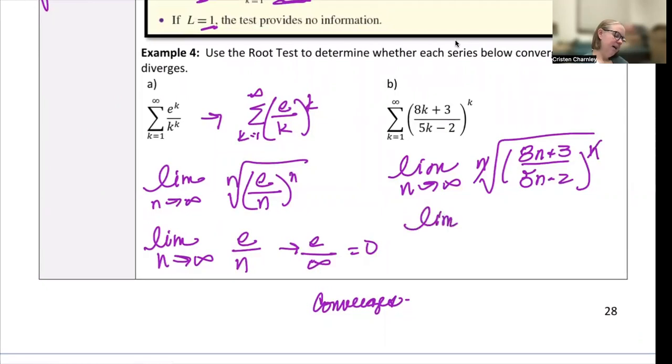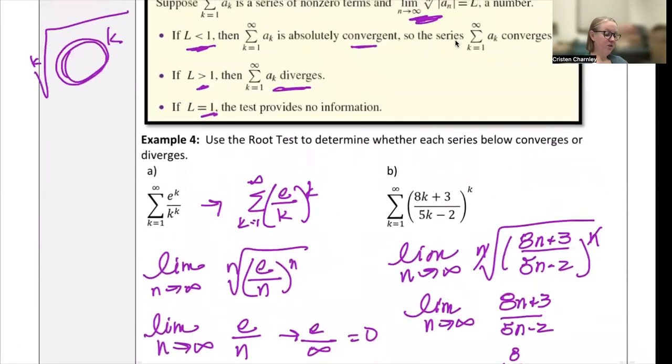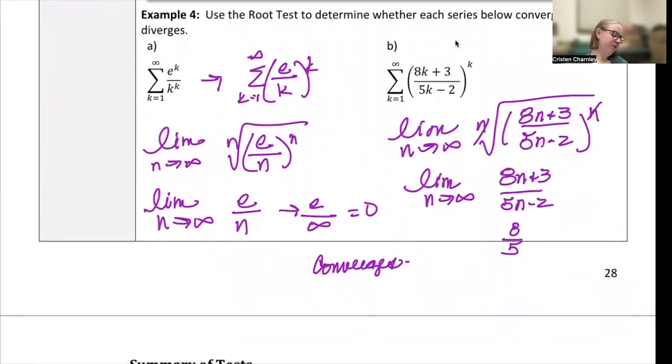The limit as n approaches infinity, this is 8n plus 3 over 5n minus 2. This is infinity over infinity. We can use L'Hopital. We can disregard the 3 and the negative 2, and I'd be left with 8/5. 8/5 is larger than 1, so we say it diverges. Not too bad.